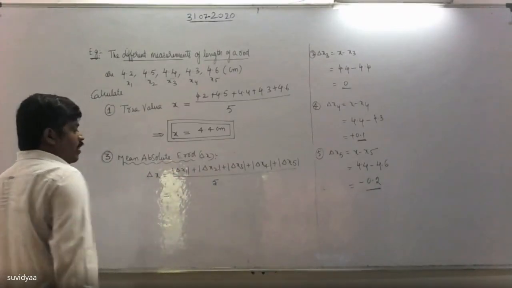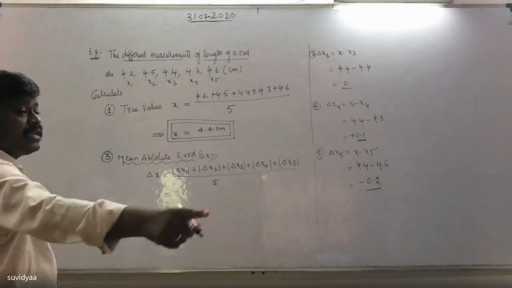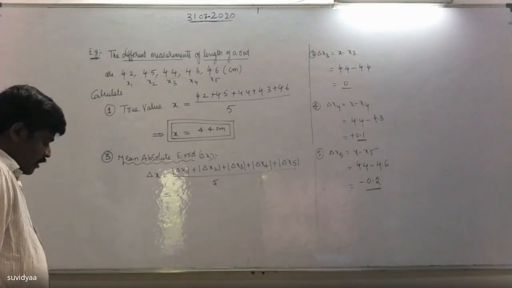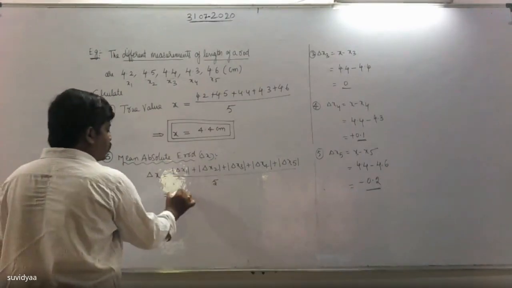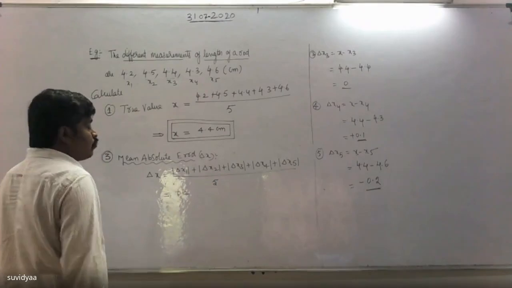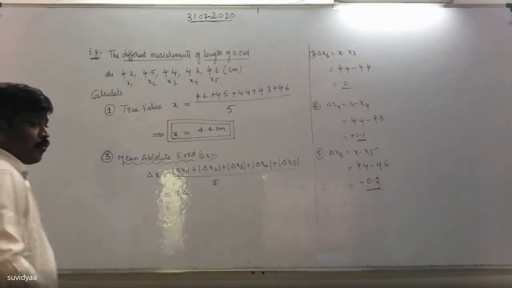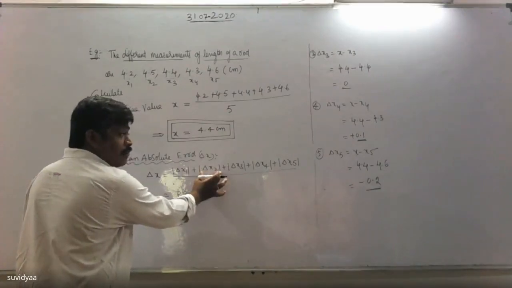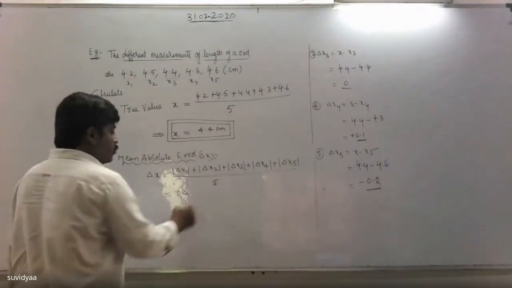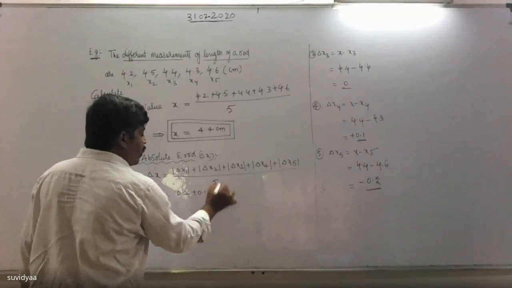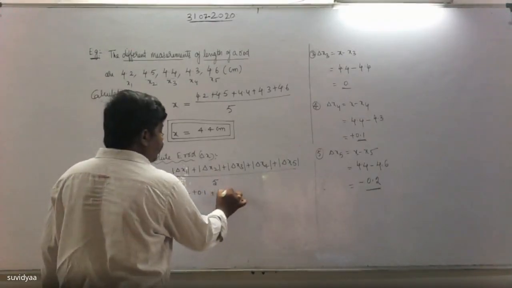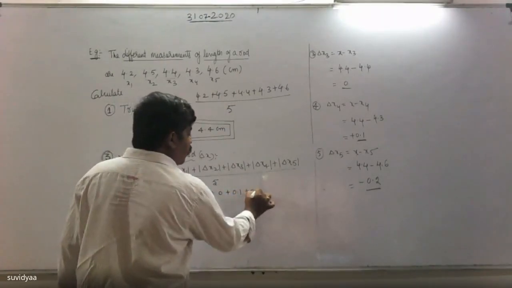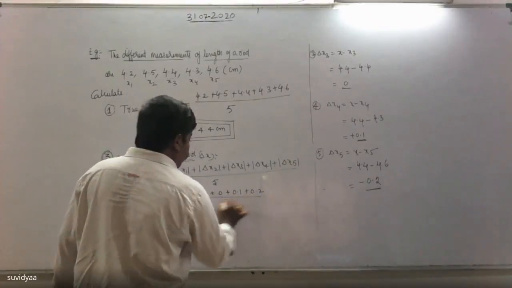Delta x1 is 0.2. Delta x2 is minus 0.1, but we take the magnitude, so it becomes plus 0.1. Delta x3 is 0, delta x4 is 0.1, delta x5 is 0.2, upon 5.